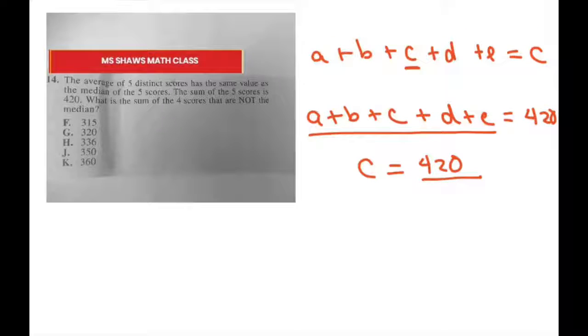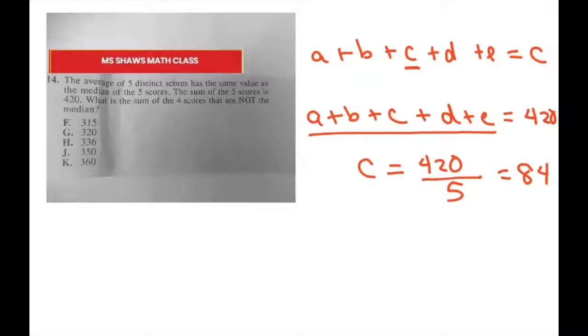The sum is 420. So C equals 420 divided by the 5 scores. So that's your average. And if you divide that out, you get C equals 84.